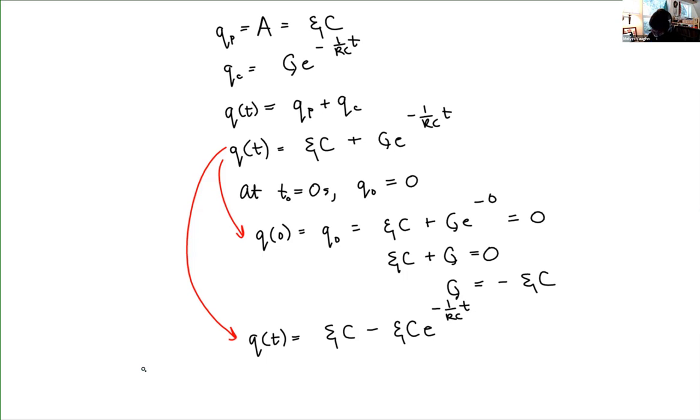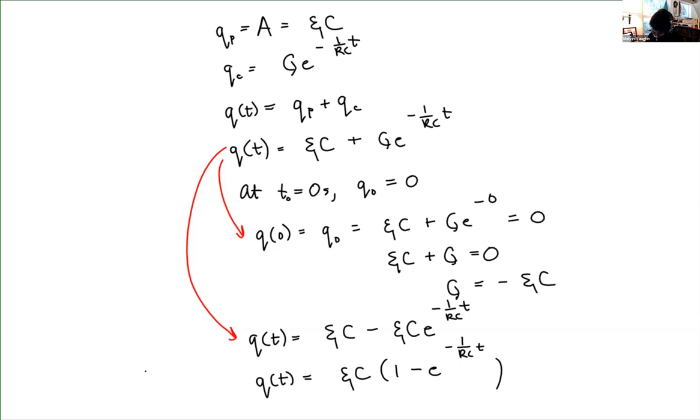And I'm going to just express this slightly differently by factoring out the product of the EMF and the capacitance. And remember, EMF is a voltage, capacitance is capacitance. EC, that's our charge. And this is equal to 1 minus e to the minus 1 over RCT.